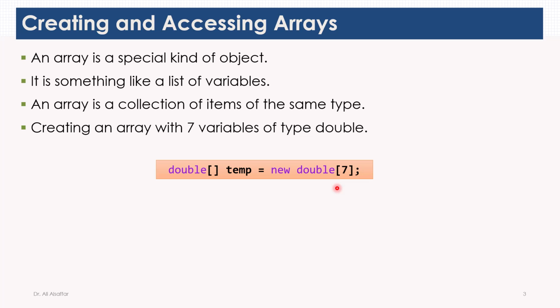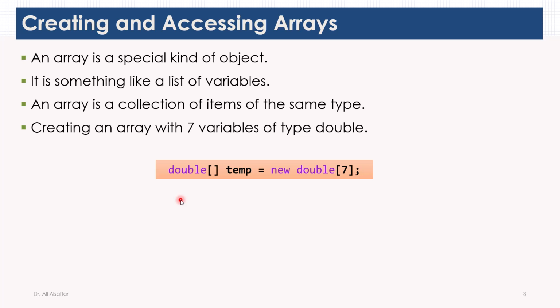As we mentioned before, an array is a special kind of object. So if you want to create an array, you have to write new and then specify how many elements you want to allocate for this array.